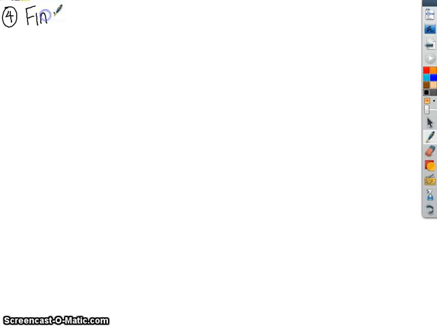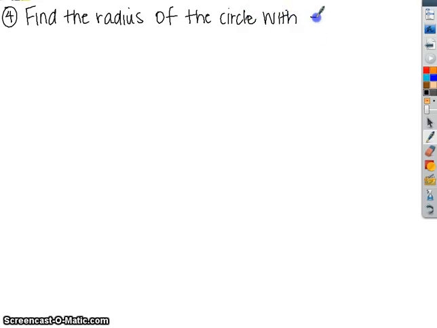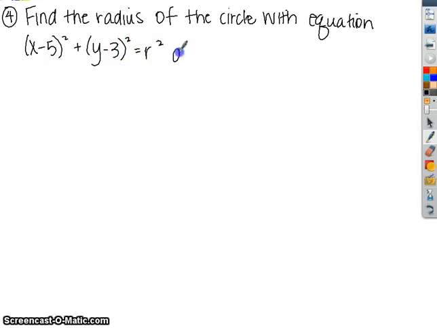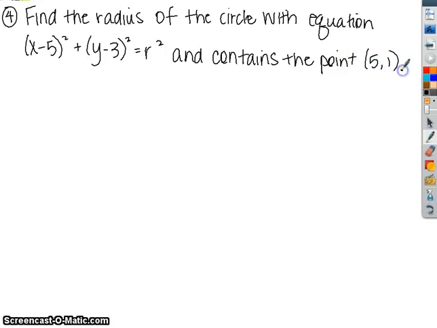For this one, find the radius of the circle with equation (x - 5)² + (y - 3)² = r² and contains the point (5, 1).